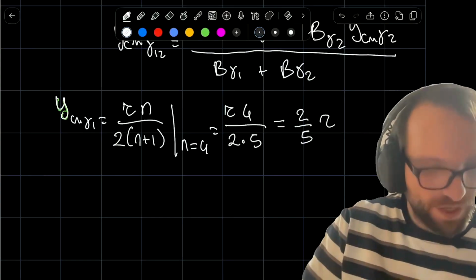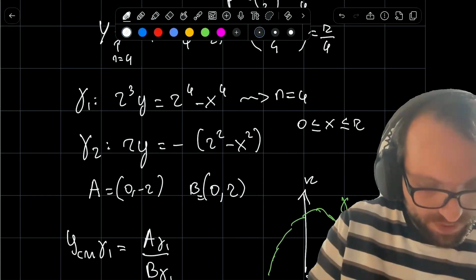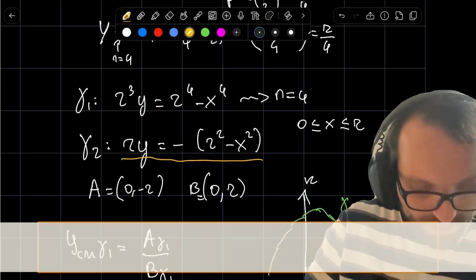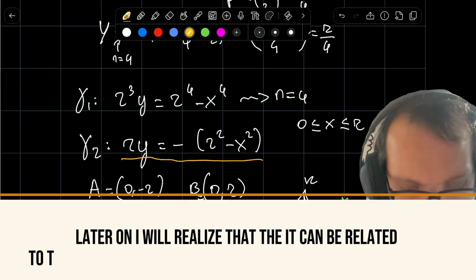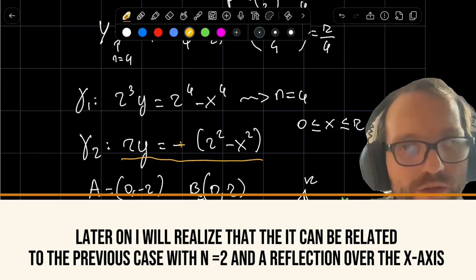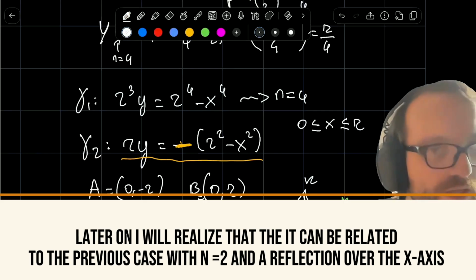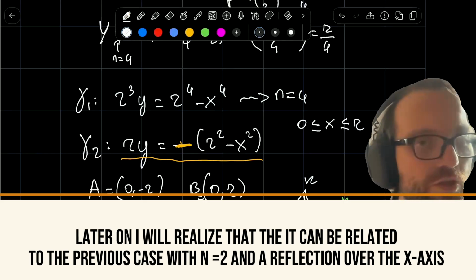So here we cannot use anything like that for this expression, because it's not for n equal 2, because there is a minus here. There is this minus here. So we can apply the same trick, but we need to do the computation, unfortunately.